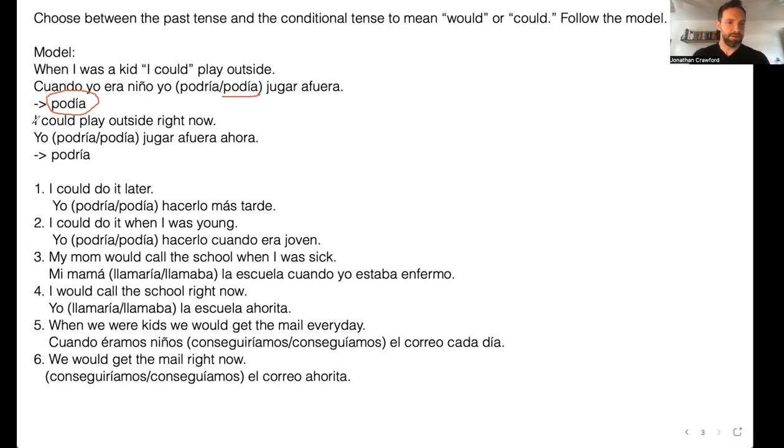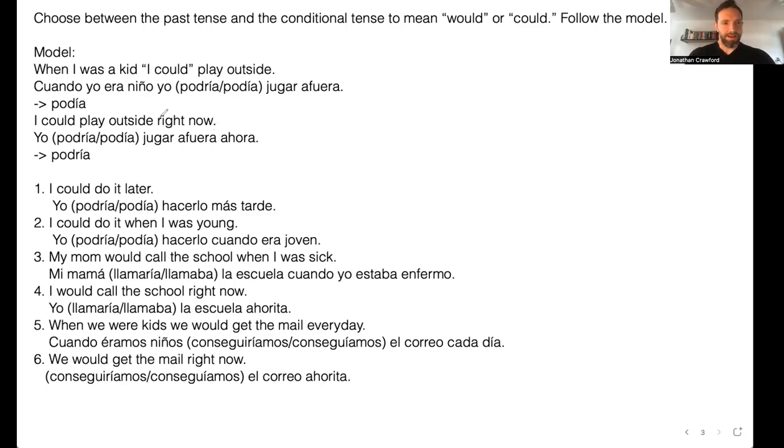Now, the next one says, I could play outside right now. Well, that's hypothetically speaking. And even though it says right now, the fact that it hasn't happened yet means that it's technically talking about the future.